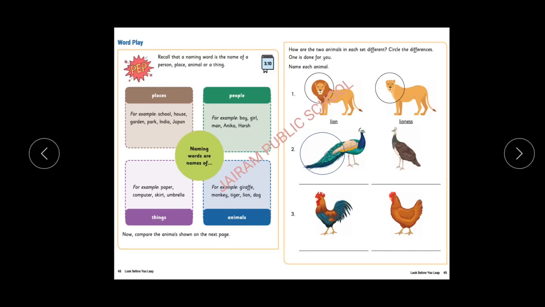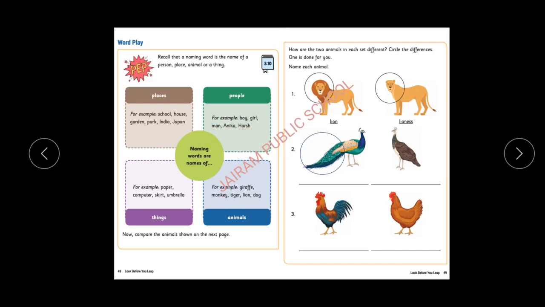Examples of places are school, house, garden, park, India, Japan. What are the examples of people? Boy, girl, man, Annika, Hush. And you can also say your name.